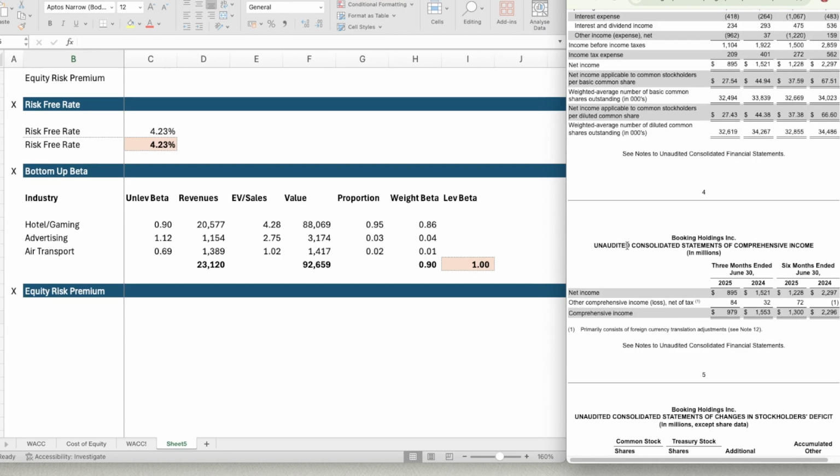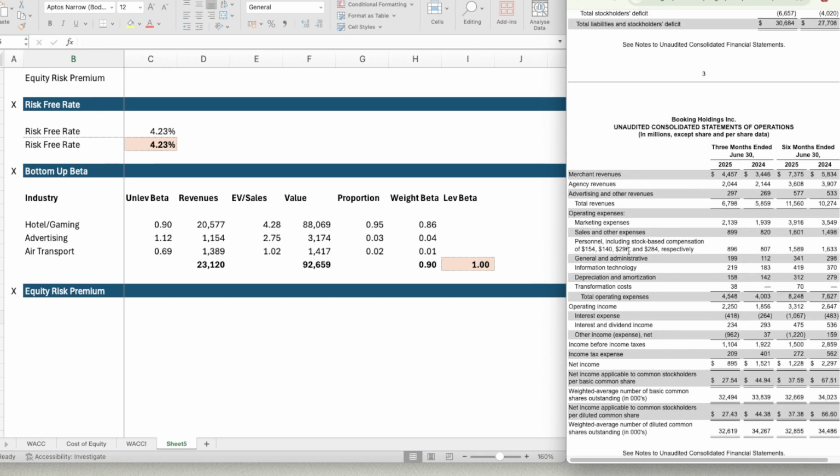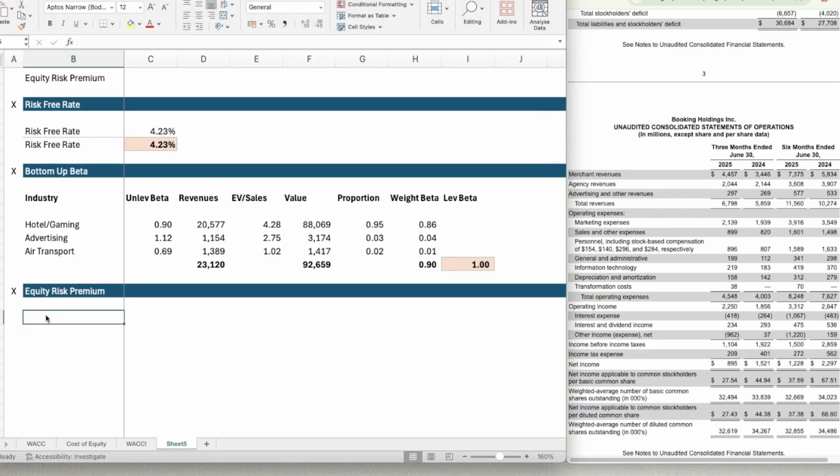Therefore, we're going to have to use the global risk premium because Booking is a global company and it operates in so many countries. But we'll use the global risk premium generated by Professor Damodaran, which is a risk premium weighted by GDP. So obviously the larger GDP countries such as the US, China, etc., will carry more weight.